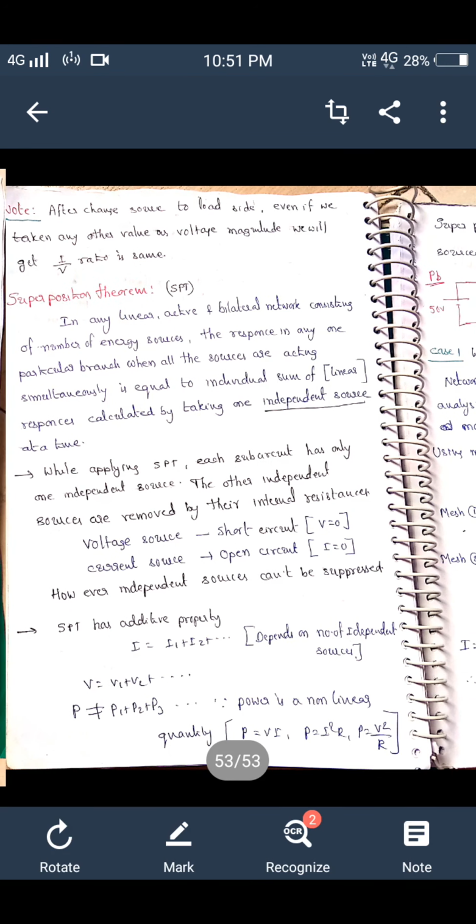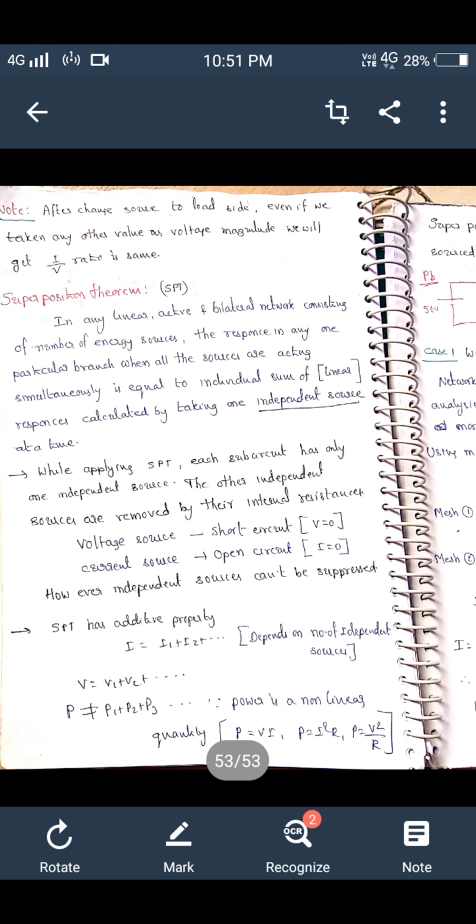The purpose of the superposition theorem is to find any branch current or voltage only. It is not applicable for power calculations or power verification. Why? Because power is a non-linear quantity.